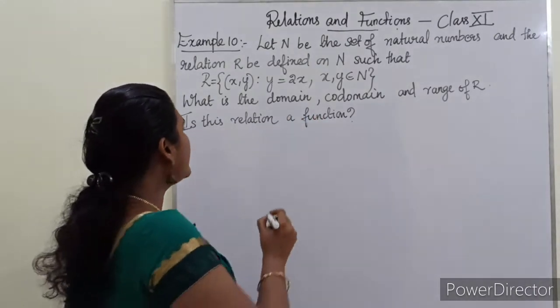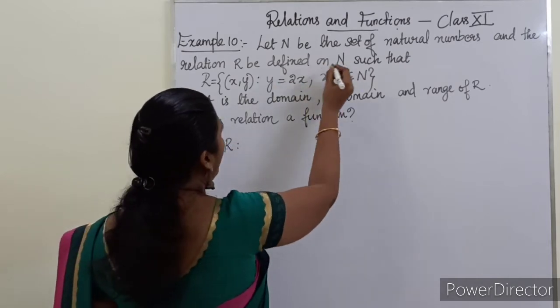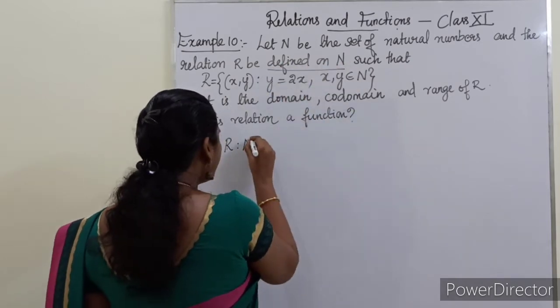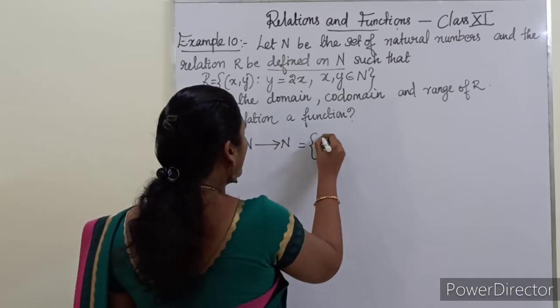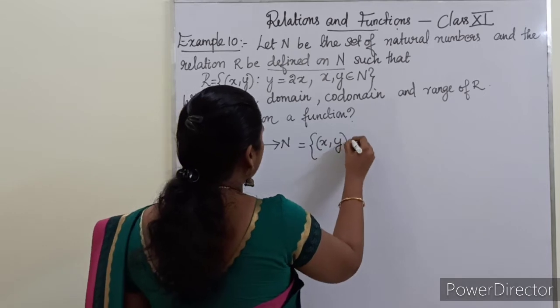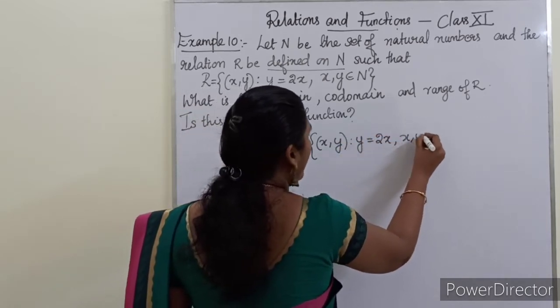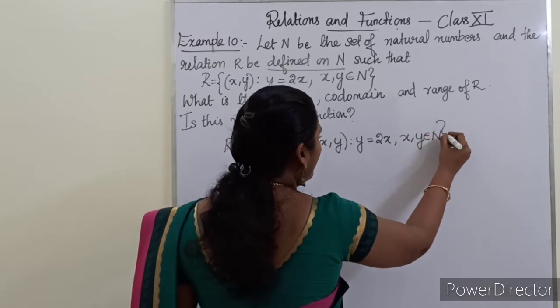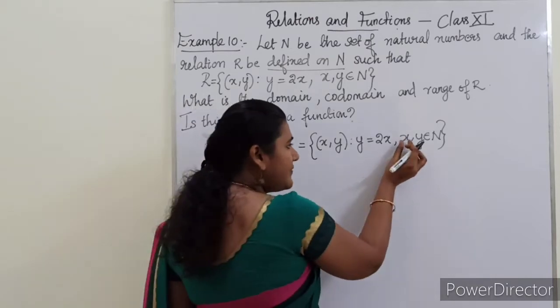So here it is given that R is defined on N, that is, R is from N to N. It is defined as the set of all ordered pairs (x, y) such that y is equal to 2x, where x, y belong to N. So first we will see what the elements of this relation are.